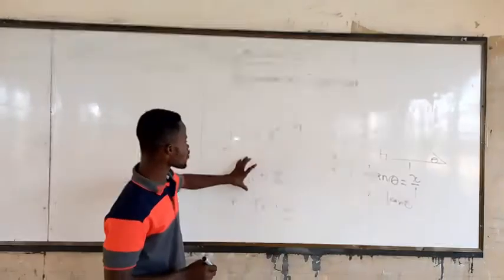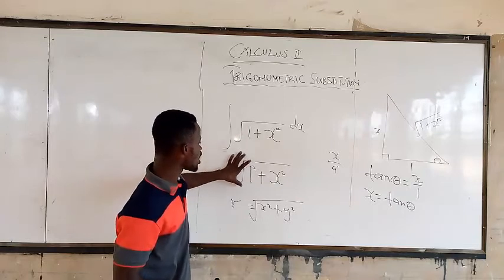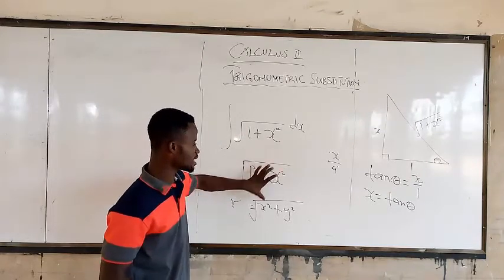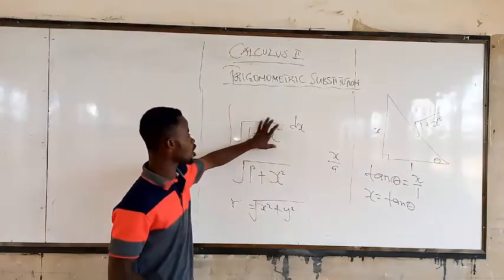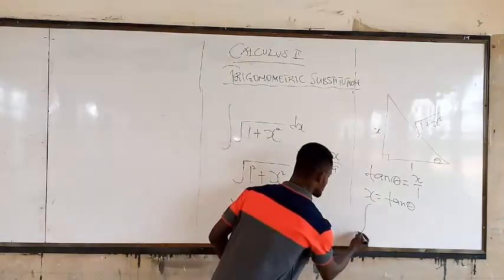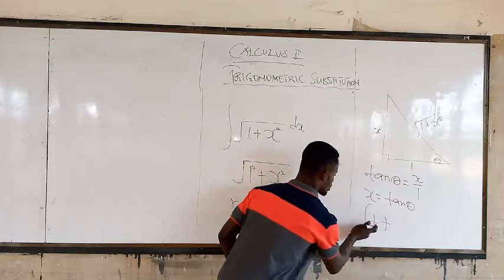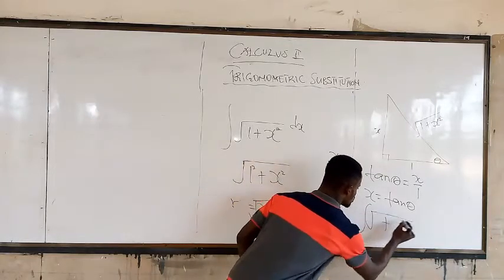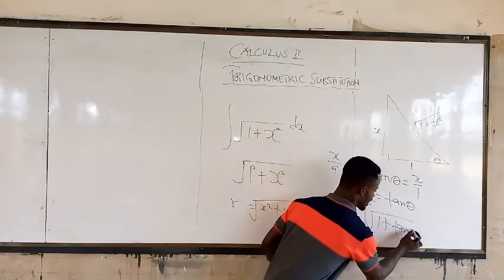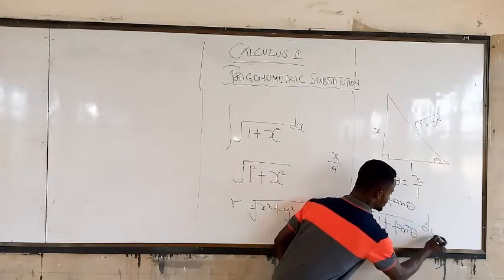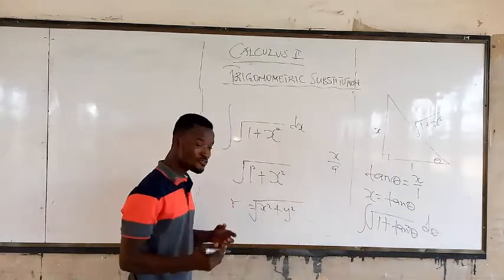So instead of writing the integral of this, we can write this as the integral of the square root of 1 plus tan theta squared d theta. Very good.